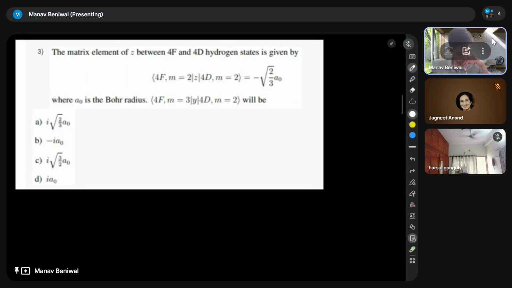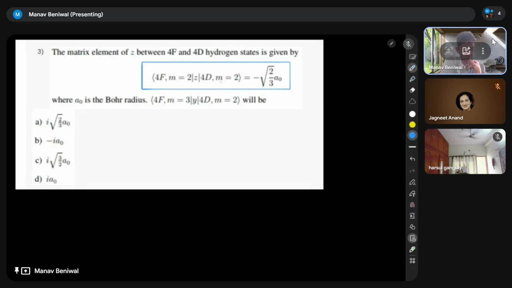Now this problem. Here we are given that the matrix element of Z between 4f and 4d of the hydrogen atom is given by this quantity, where a0 is the Bohr radius.